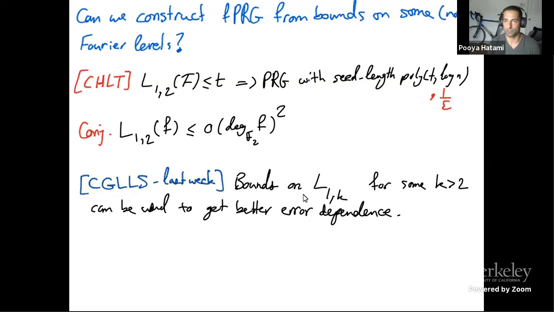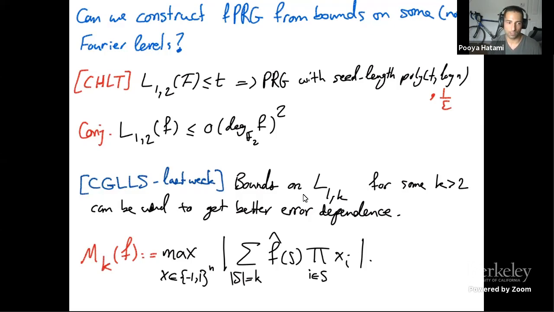So it's very interesting. And to make it more interesting, they show how to construct these PRGs using a weaker assumption than an L1 bound. In particular, instead of taking the sum of the absolute values of the Fourier coefficients, we define m_k to be the maximum of just writing the sum of the expansion of the function at level k and then taking the absolute value.